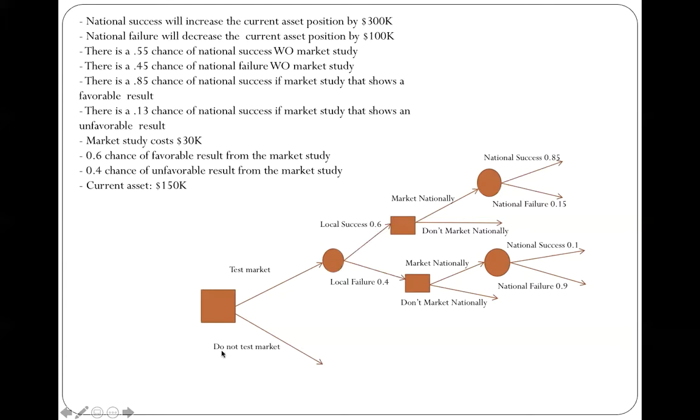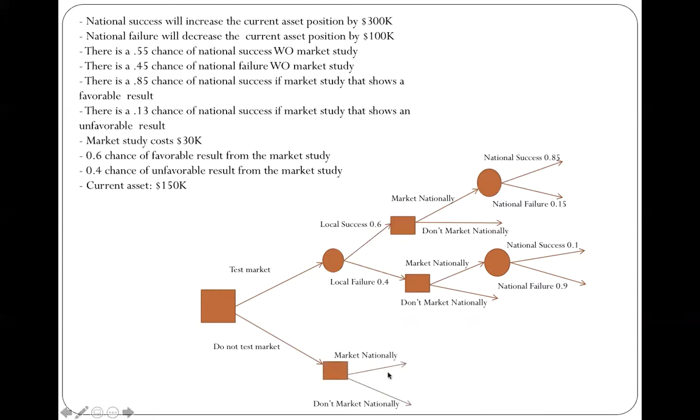However, here we had another decision that we had made, to not do any local tests. So how about this one? If we decide not to do any local tests, is that the end of the decision-making process, or is there something that happens afterward? Obviously, we still have to continue with decision making. We don't want to test the product locally, but we still need to decide if we want to go ahead and market the product nationally or not.